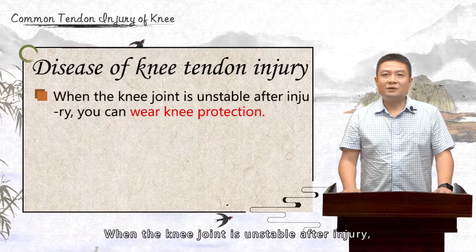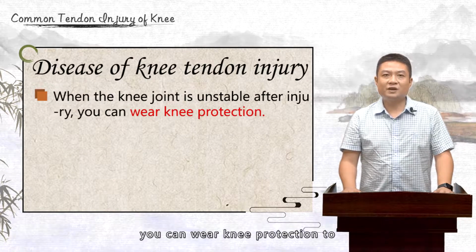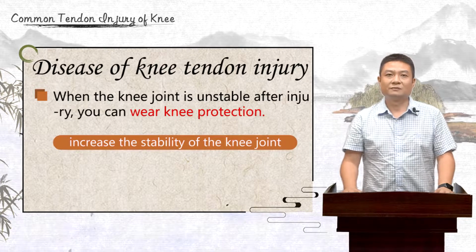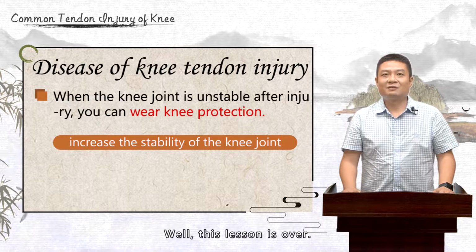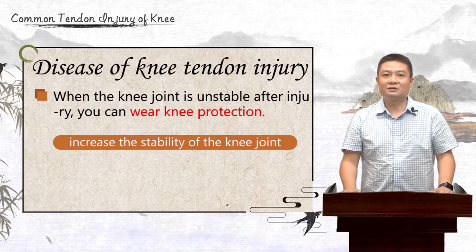When the knee joint is unstable after injury, you can wear a knee brace to increase the stability of the knee joint. Well, this lesson is over. Please review and sort out the relevant contents. Thank you.